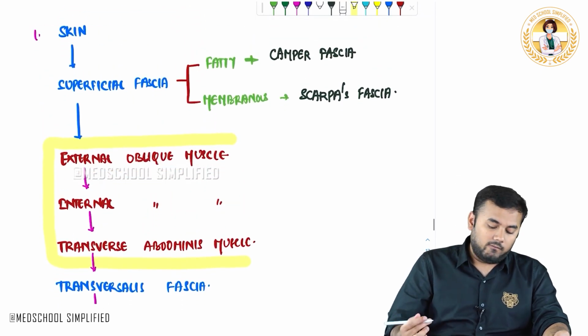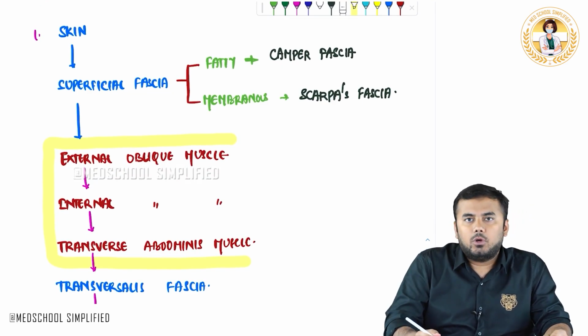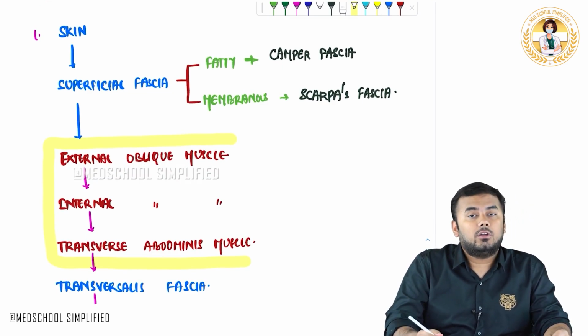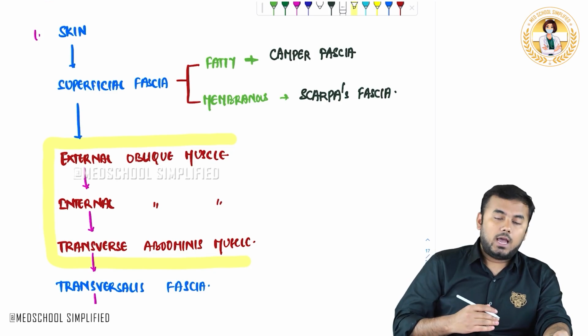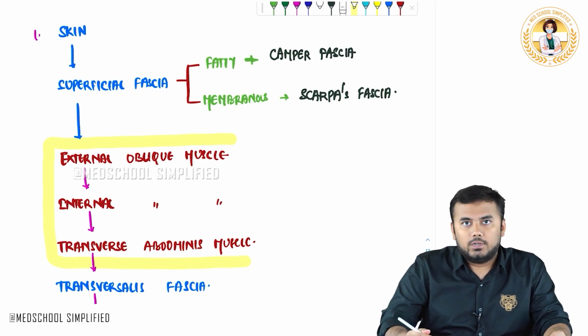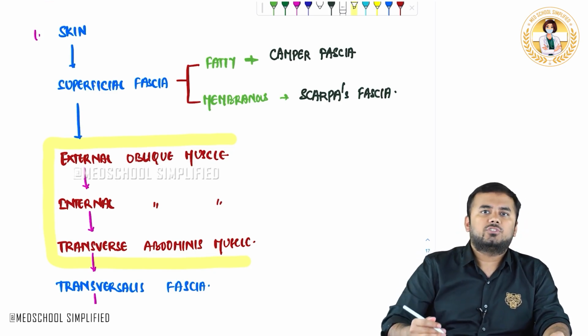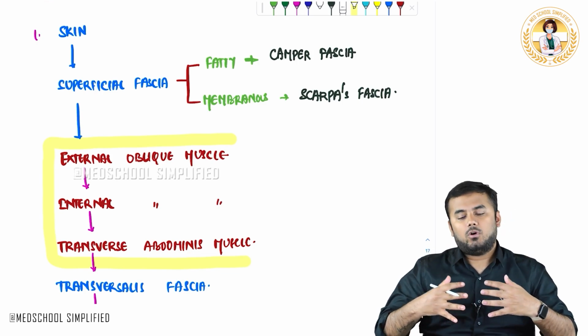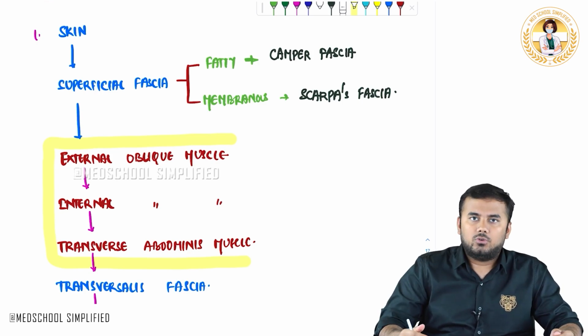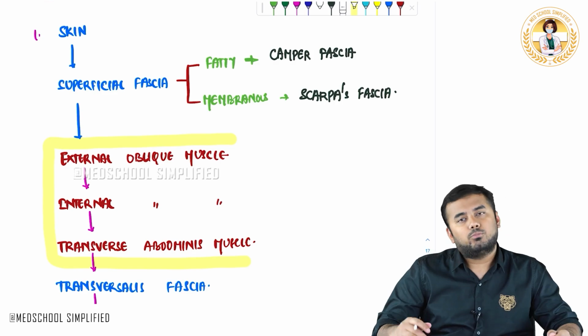Now, why is deep fascia absent in the anterior abdominal wall? The reason is that whenever you are eating food, if there is deep fascia, it will not allow the abdomen to stretch forward. When you are eating food, obviously your abdominal wall stretches out. Yes or no? If there is deep fascia, it will not allow the abdominal wall to stretch out. Put the meals aside.